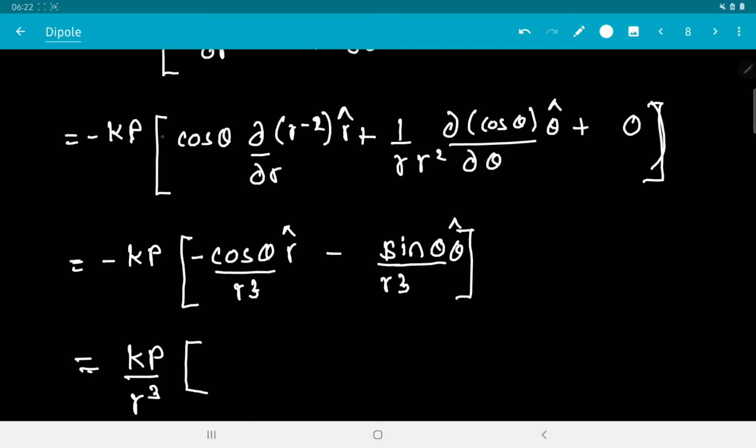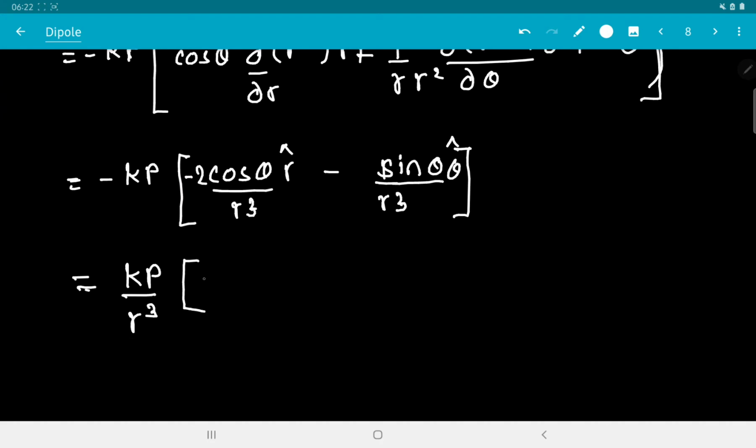That means here we are going to get one more thing, here we are going to get minus 2. So we'll get 2 cos theta r cap plus sin theta theta cap.